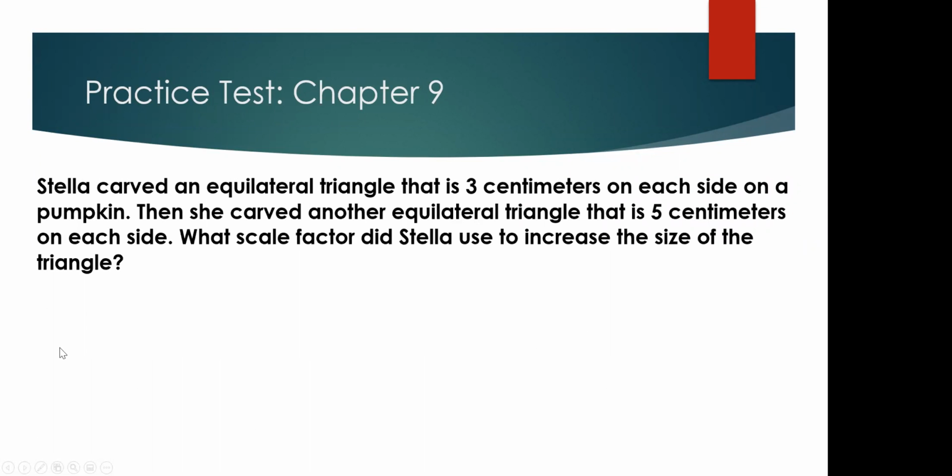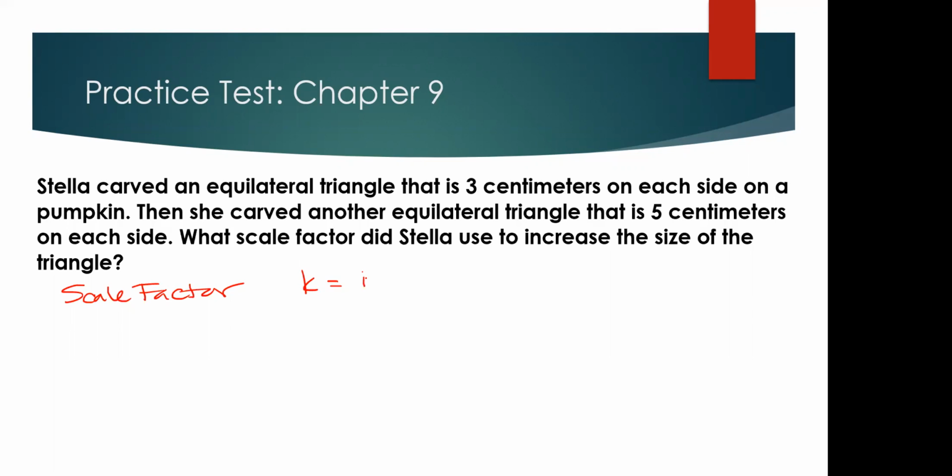All right, so the next question says, Stella carved an equilateral triangle that is 3 centimeters on each side on a pumpkin. Then she carved another equilateral triangle that is 5 centimeters on each side. What scale factor did Stella use to increase the size of the triangle? For the scale factor, we use this equation here.